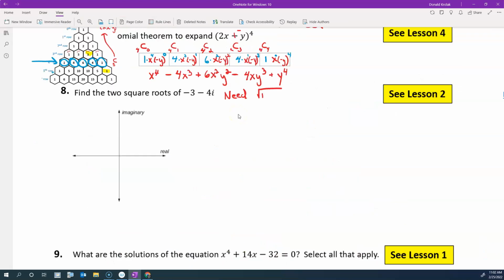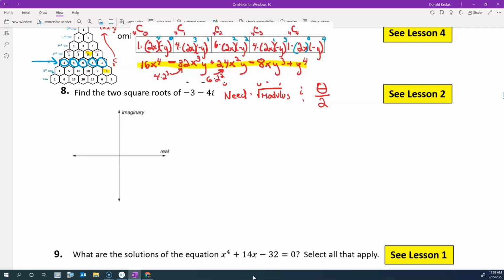Root of the modulus, and you're going to need the angle of rotation divided by 2. Okay, all right.